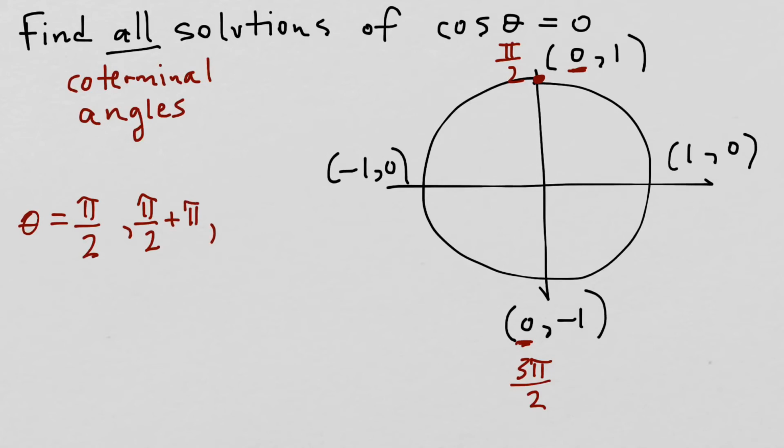And then our next angle, I'm going to add pi again, except this time I've added 2 pi to my base angle. And then I'm going to add another pi to that to get back to this one again.